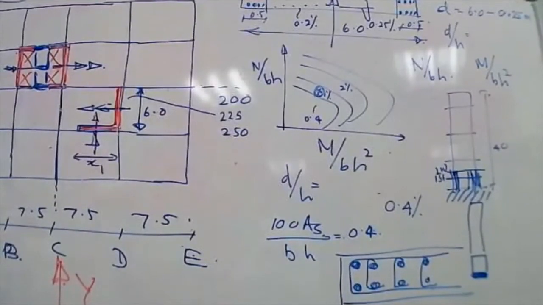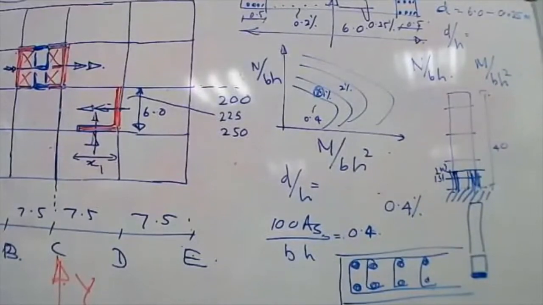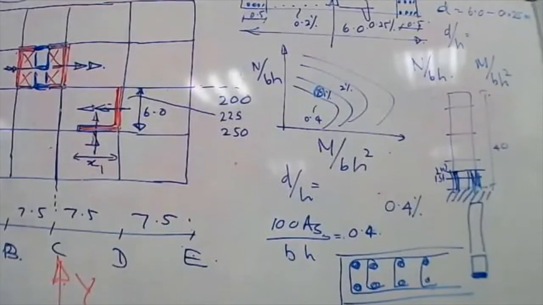Anything up to 1 meter is okay, but I would prefer something like 0.8 meter, because it's only a small building, 10 floors only, and the walls are 6 meters in length. So I might consider something like 0.8 meter, or even 1 meter is okay. That is the first question.